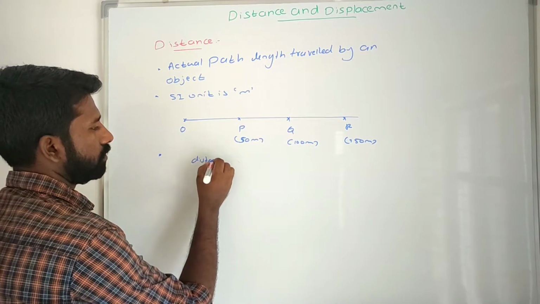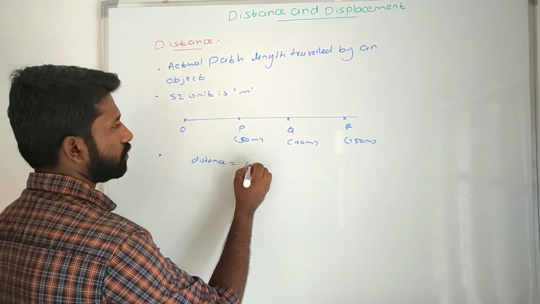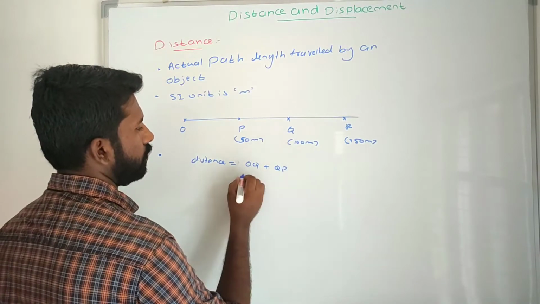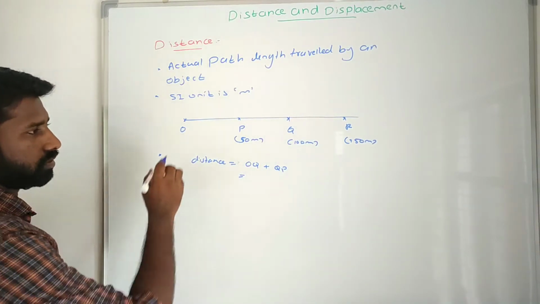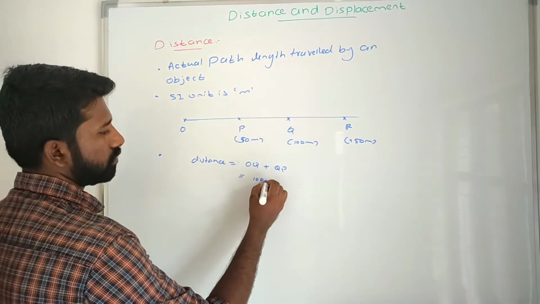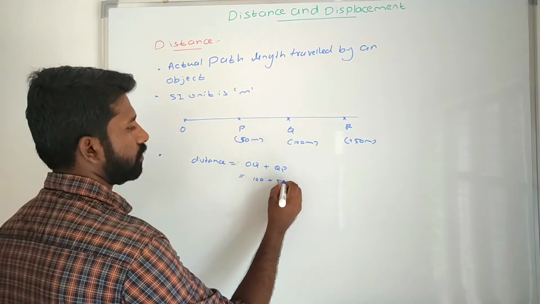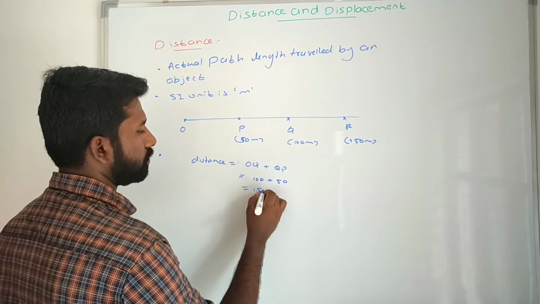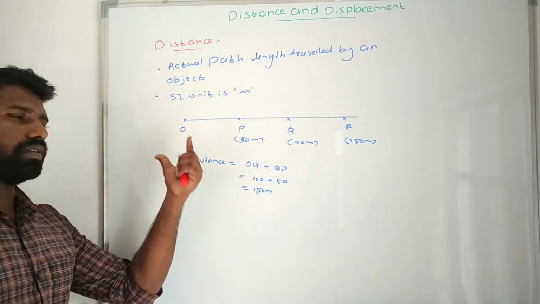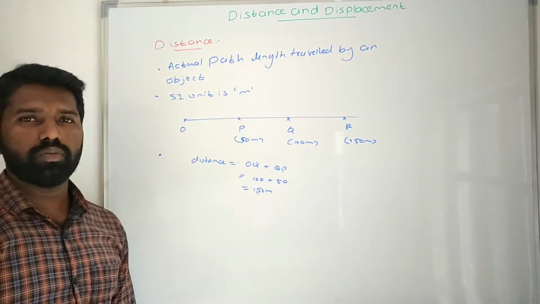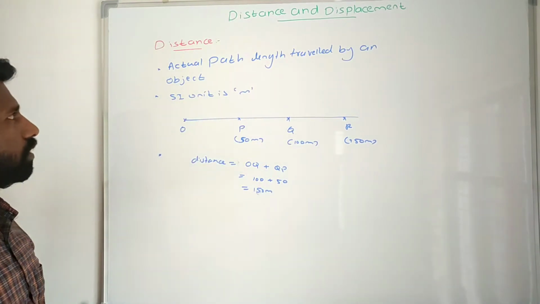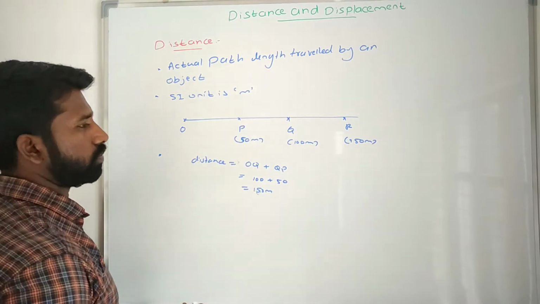You will get OQ plus QP. OQ is 100, plus QP is 50. So you will get 150 meter. That is the distance traveled by the object, the actual path length. Then next we will see displacement.